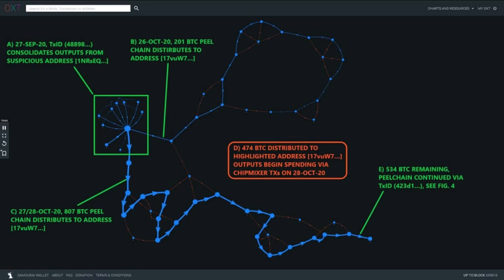So in this transaction graph, from figure 3, point A starts with a consolidation of all of the hacked or stolen outputs. If you're surfing through OXT right now with the side by side, you can click on all the inputs to this transaction, and you'll see that they're all from basically the same address.